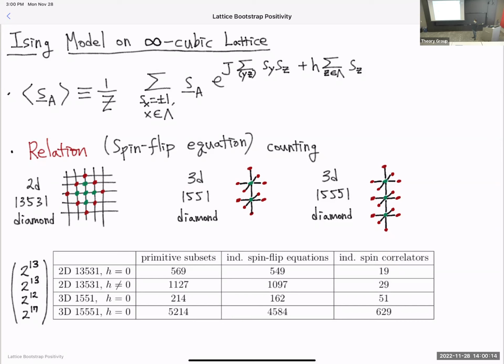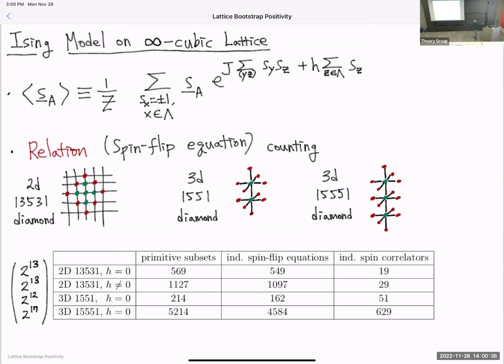Okay, so for that reason, we are going to take spin flip within this inner diamond. And then for this choice of A, we are going to take all possible spin configurations in the bigger diamond. Okay. So we are going to make all possible choice of P and A within this diamond. Everything clear?